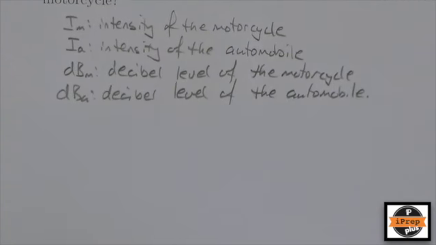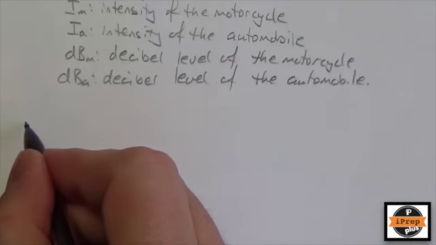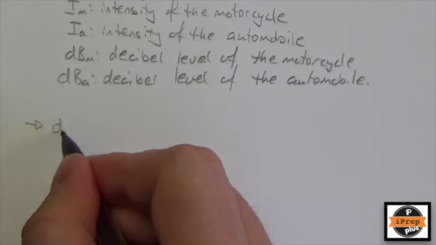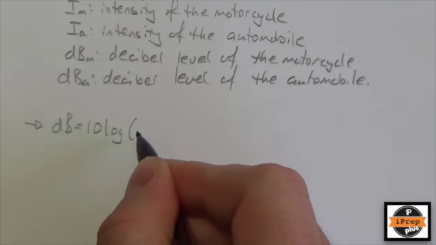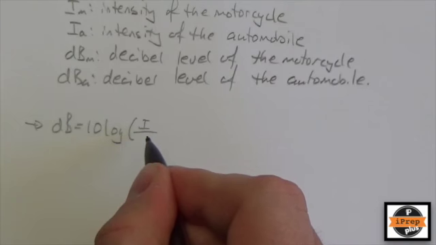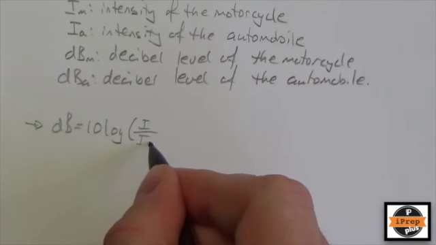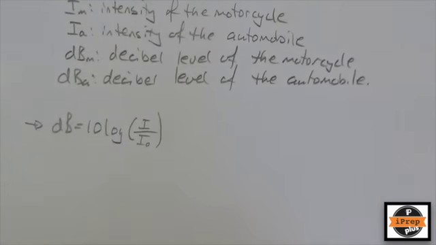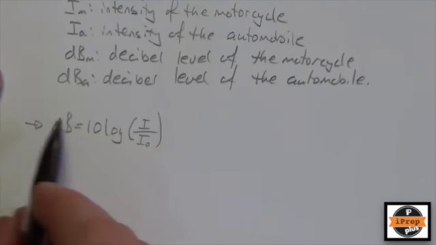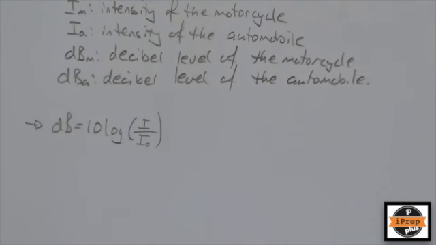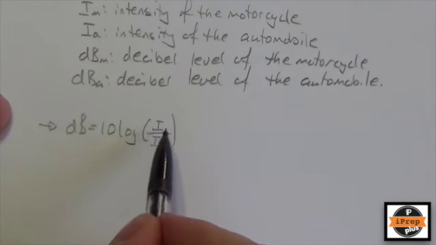Now, the equation that we were given says the decibel level is equal to 10 times the log of the intensity of some sound over some reference intensity. To use this, especially because we're talking about intensities, we probably want to solve this equation for that intensity.